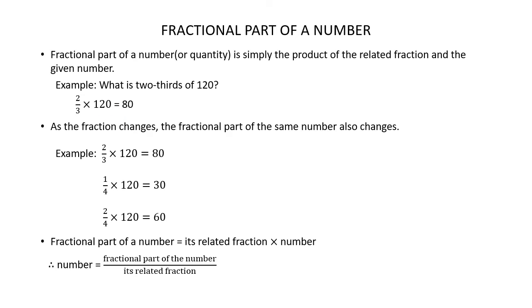Here 80 is the fractional part of the number 120 and 2 by 3 is the related fraction. So the fractional part of the number 120 is the product of the related fraction and the number. Hope you have understood this.